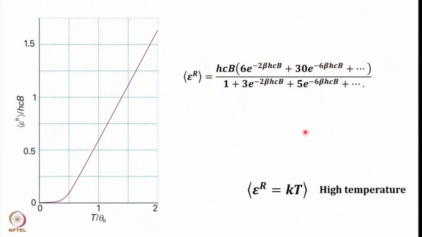We have already discussed the translational and also addressed rotational, but restricted it to a linear rotor. The expression we got was that the mean rotational energy is given by hcB into the expressions mentioned in the numerator and denominator.